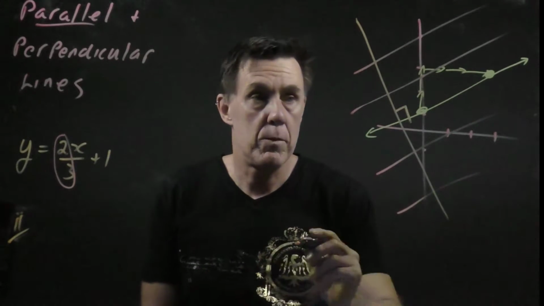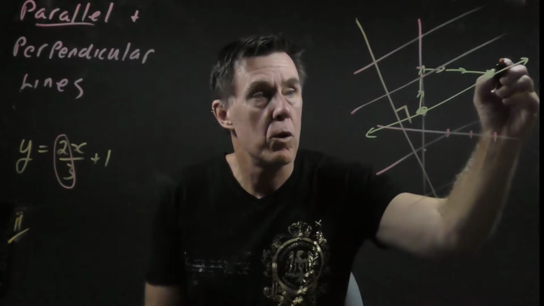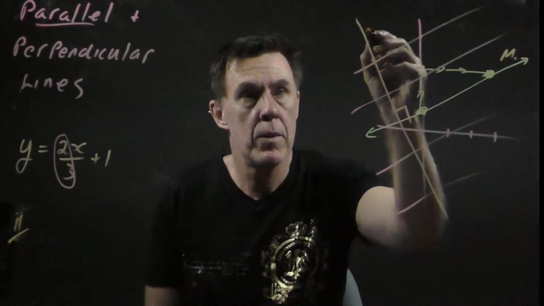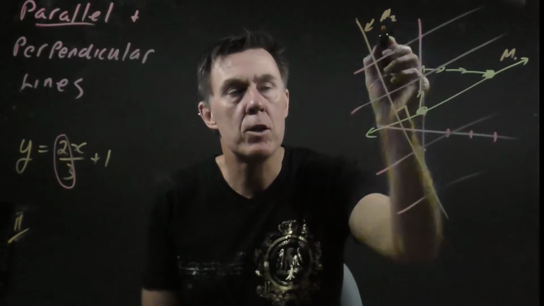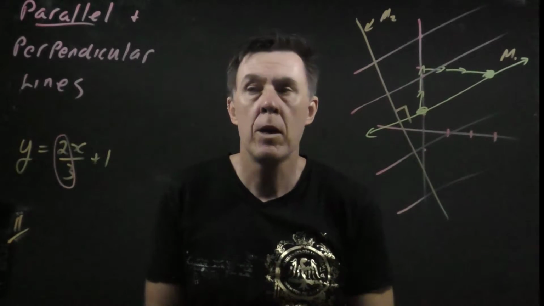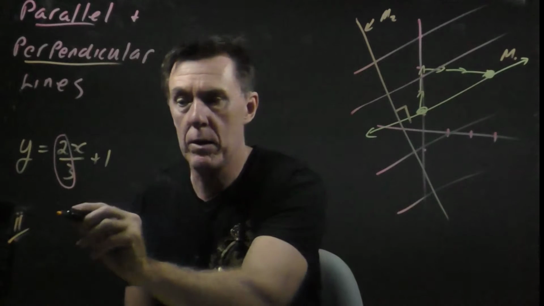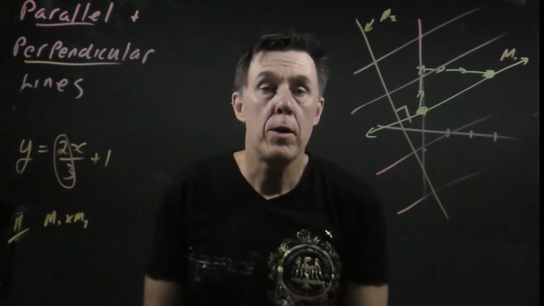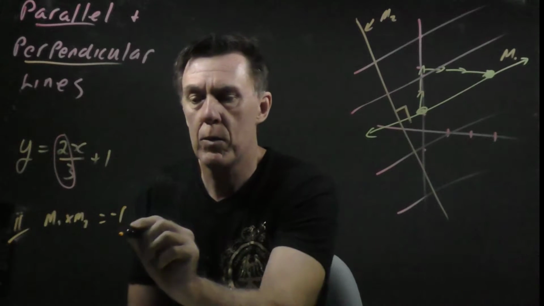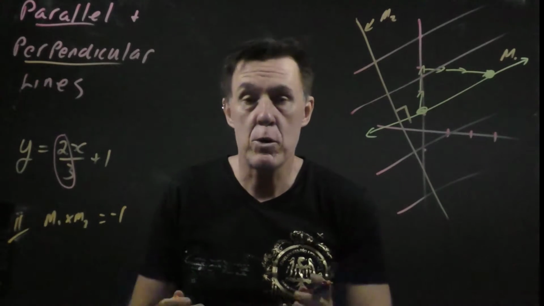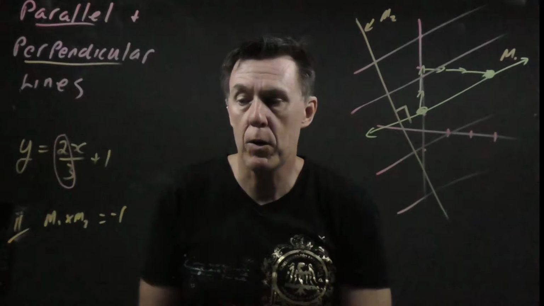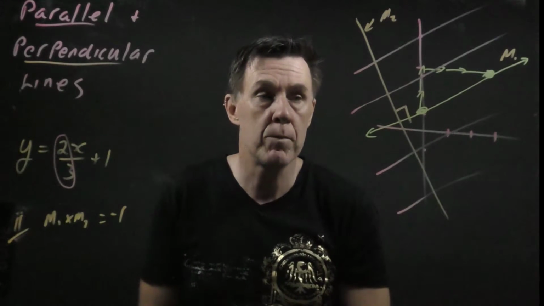You just need to know something. The gradient of the original line that you're looking at, I'll call it M1, gradient of the first line, and for the second line, its gradient is M2. When lines are perpendicular, multiply their gradients together, you'll get -1. If you're interested in seeing why, I can show you in class one day, but for now, just know the gradients times together will be -1.